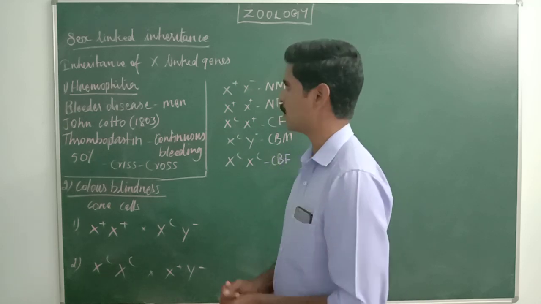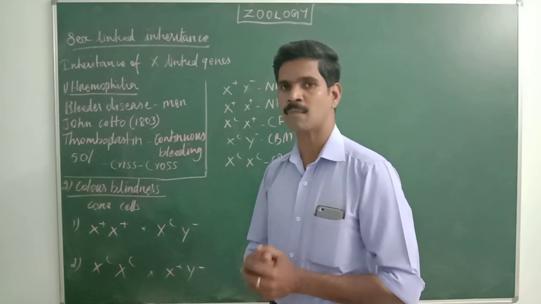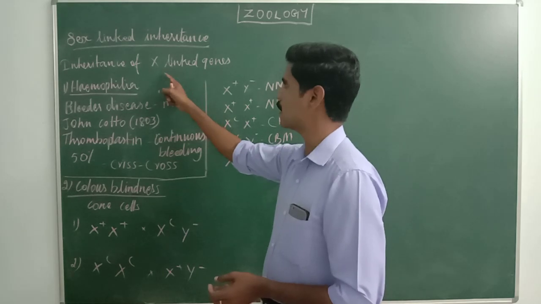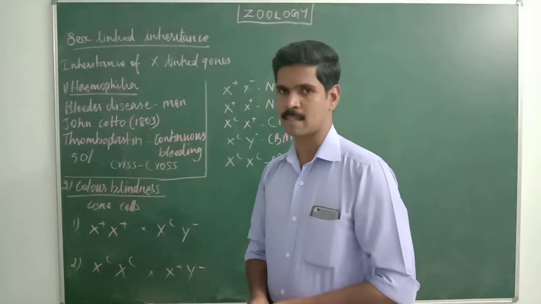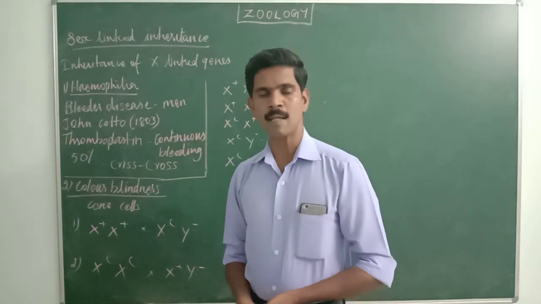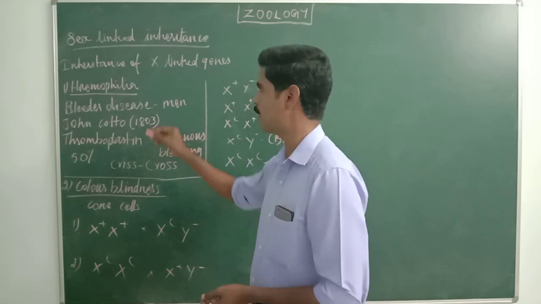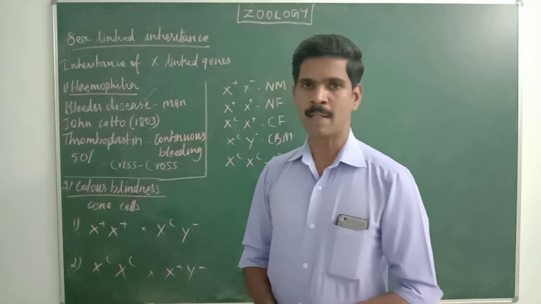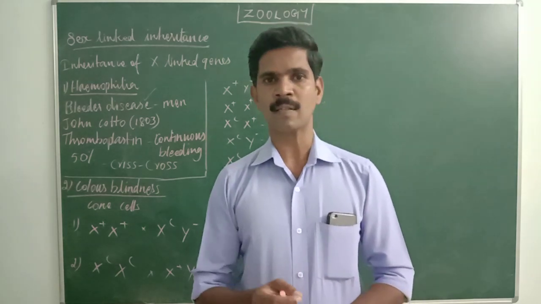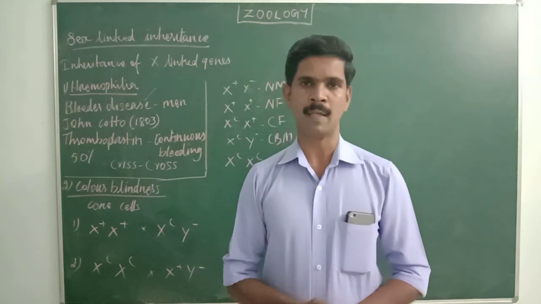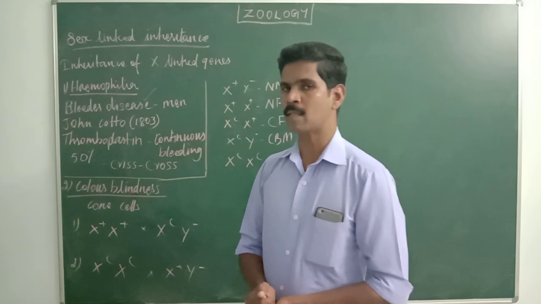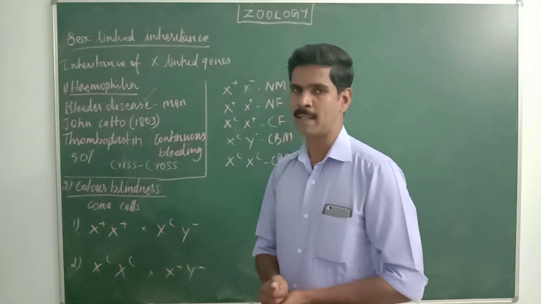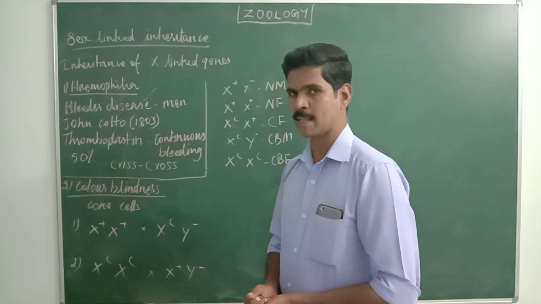So now we are going to study the first example for the inheritance of X-linked genes: hemophilia. Hemophilia is otherwise called bleeder disease. This disease affects males more than females.